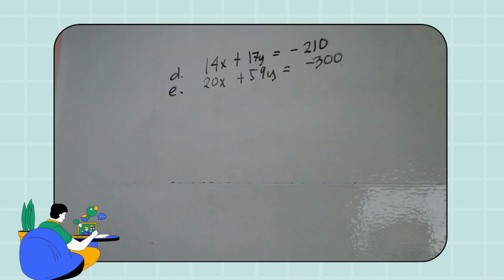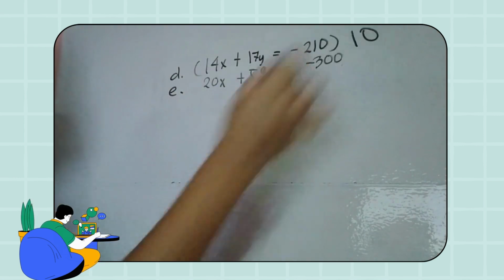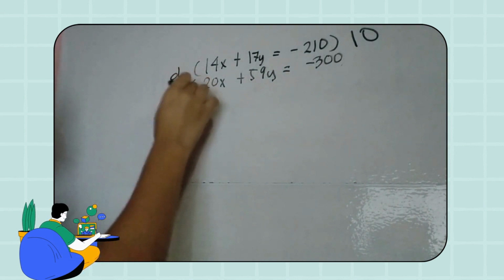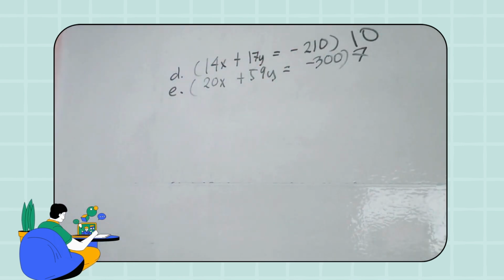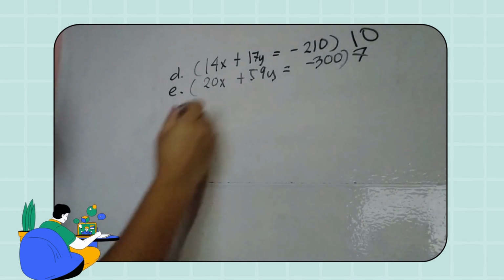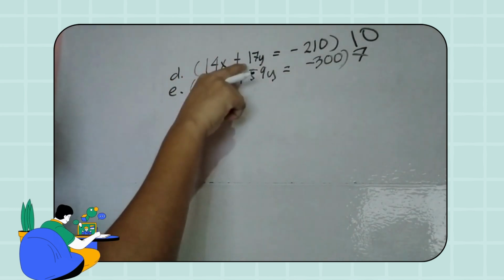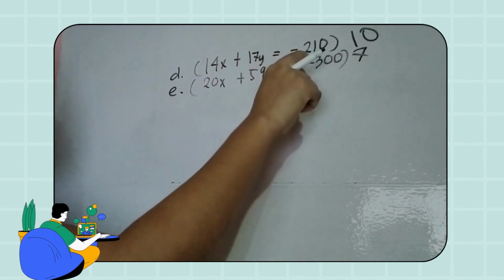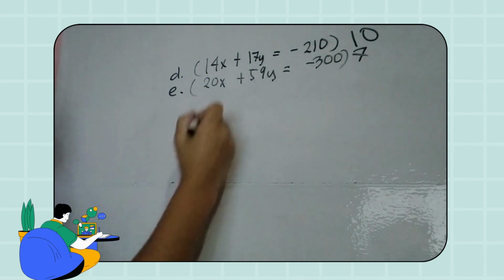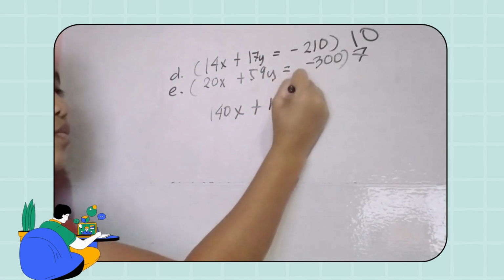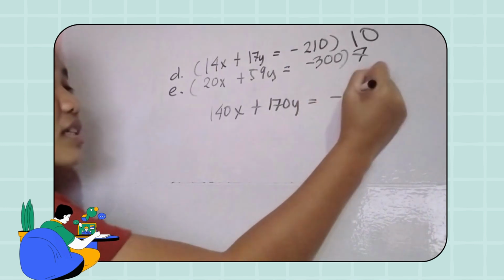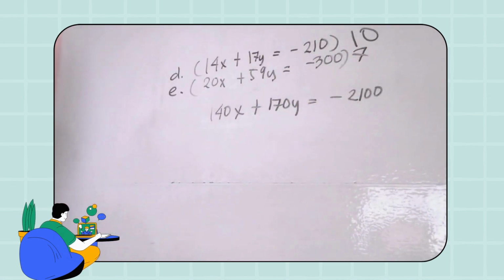So let's multiply equation D by 10 and equation E by 7. So in result, we have 140x plus 170y equals negative 2100.